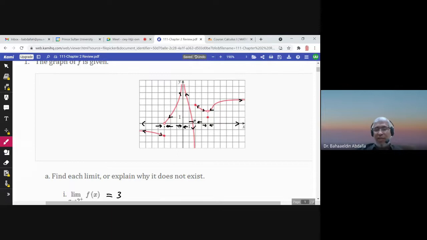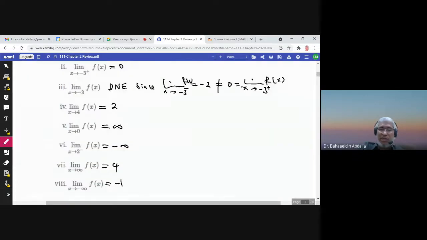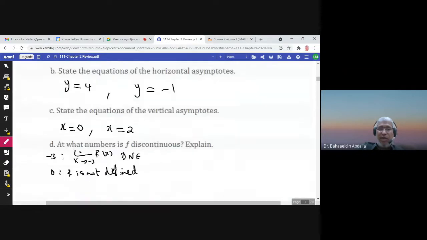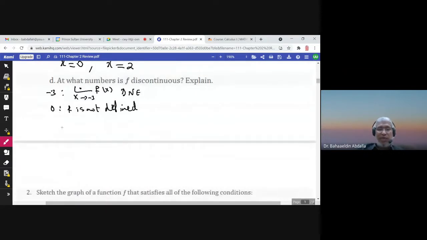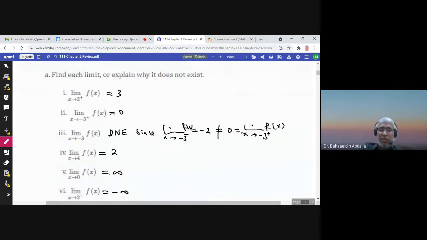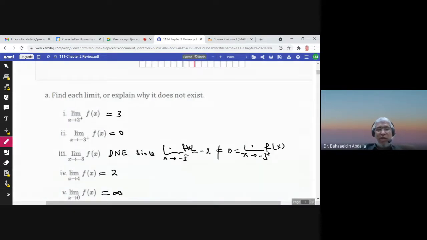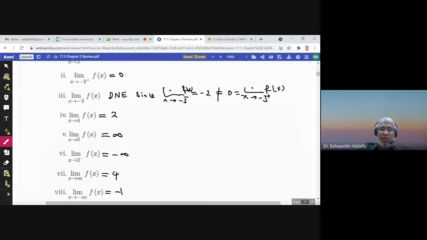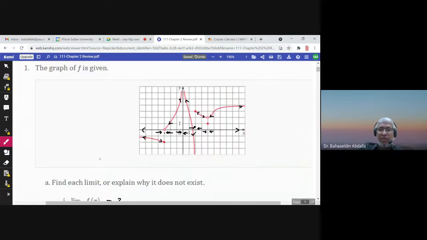Notice that the function is defined at 2. f of 2 is 3. But it's not continuous because the limit does not exist, because the limit from the right is not equal to the limit from the left. So at 2, the limit of f of x when x approaches 2 does not exist. So this means that the function is not continuous at 2, because from the right of 2 it's 3, from the left of 2 it's -infinity.